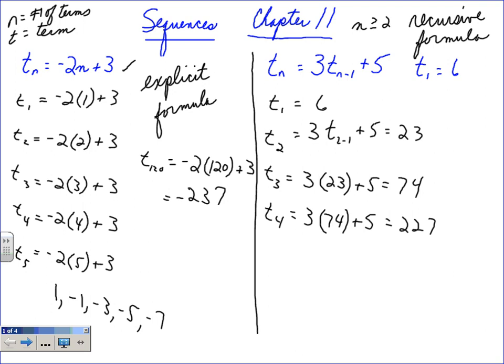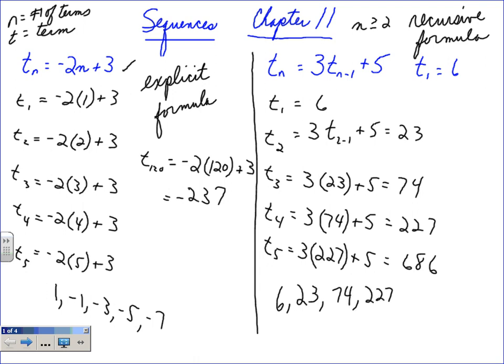And then if we want to find the fifth term, 3 times the previous term, which is 227, plus 5, 681, I think, plus 5. 681 plus 5 is 686. So the first 5 terms of this sequence are 6, 23, 74, 227, and 686. That's the sequence.